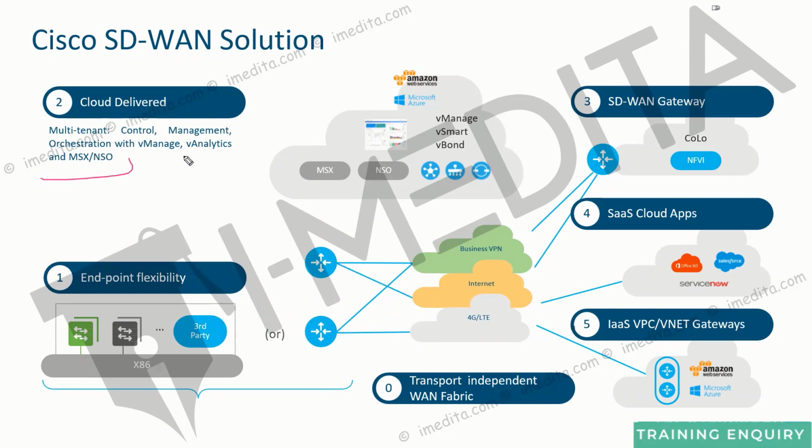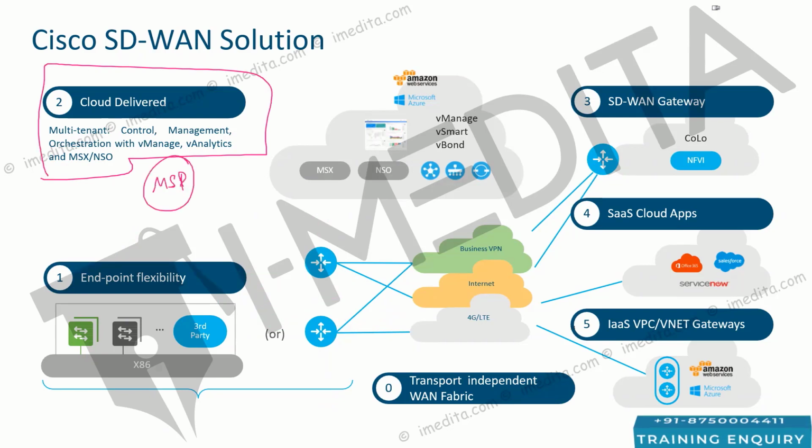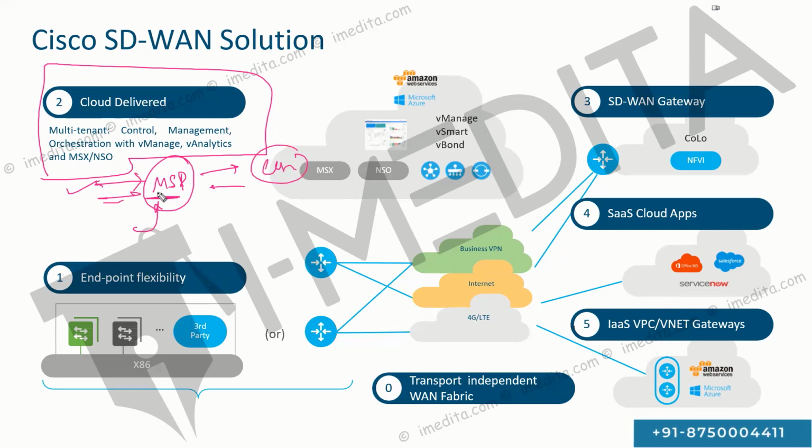The solution can be completely cloud delivered, managed, orchestrated by Cisco, or you can go for those managed service providers. On behalf of you, they will get the solution from Cisco and they will give it to you. Or maybe you can be a managed service provider and you can take the requests from the customer and contact Cisco for the services, and then provide the services to the customer.